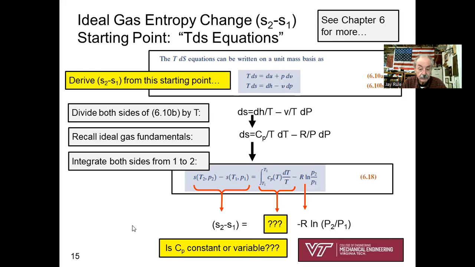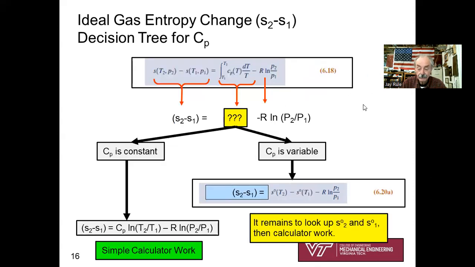Once you've made your decision, or if you've gotten direction from your professor, I want you to hold Cp constant, or I want you to treat Cp as a variable. Look at this decision tree. If Cp is constant, we've got to remember where we left off.